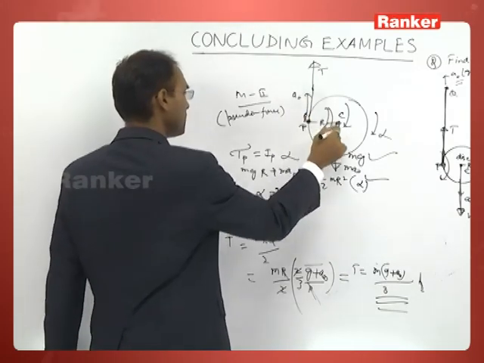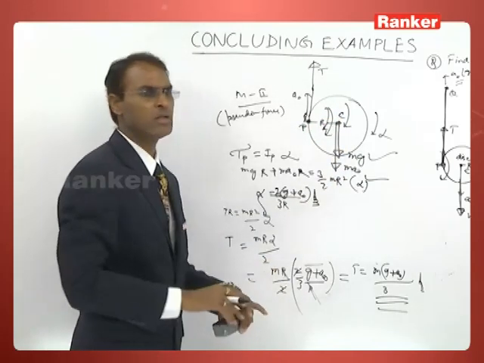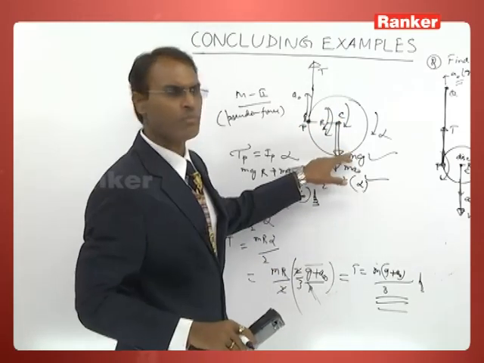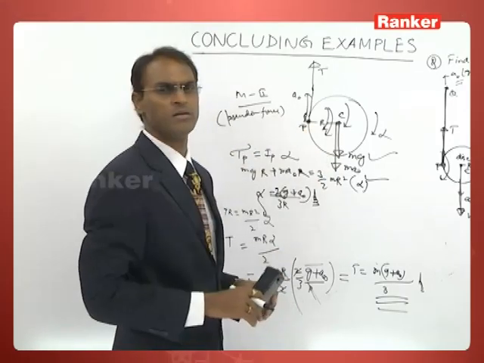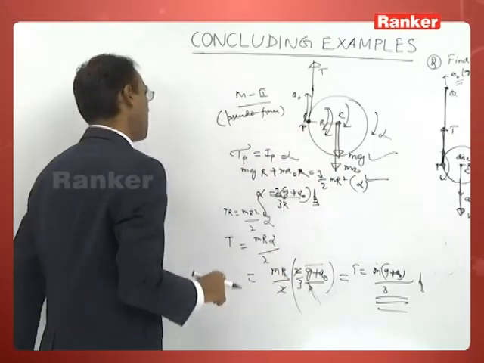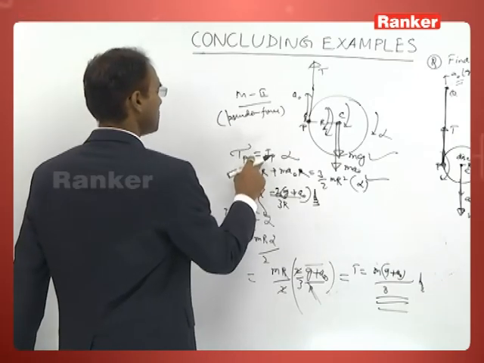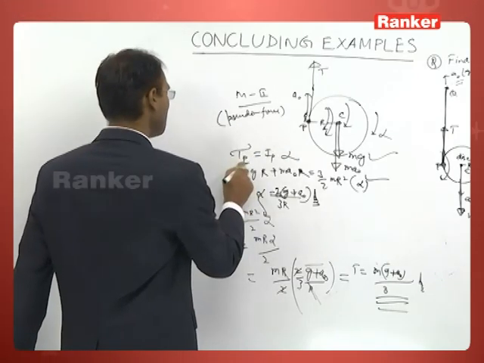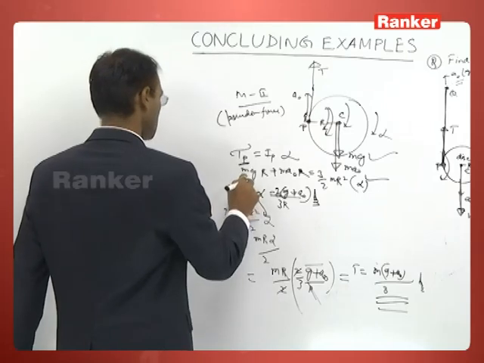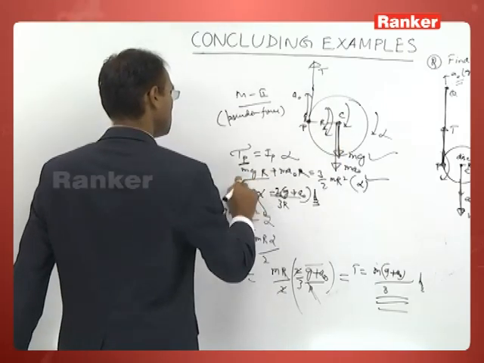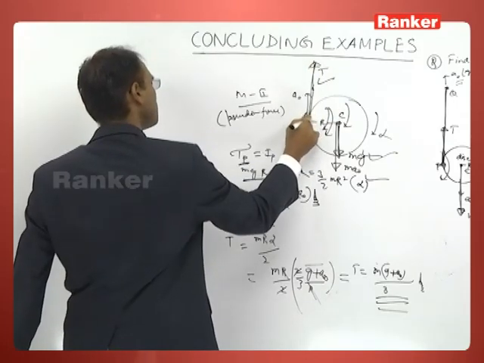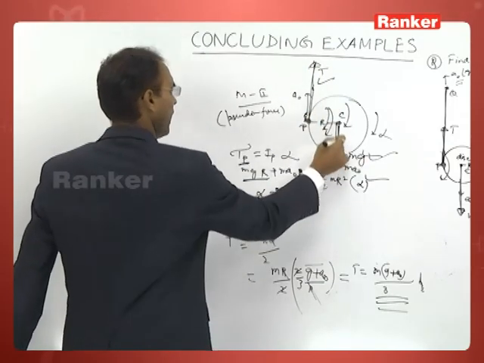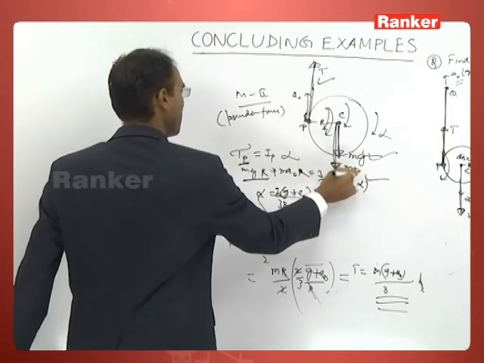When you stand here, you have to apply the pseudo force, and in addition to the torque of the real forces, you have to apply the torque of the pseudo force about this point, and you can write the rotational dynamical equation tau p is equal to Ip into alpha. But tau p is the sum of the torques of the real force, gravity, and the tension. Since tension passes through this point, it cannot produce a torque, and the pseudo force is m A naught downward.